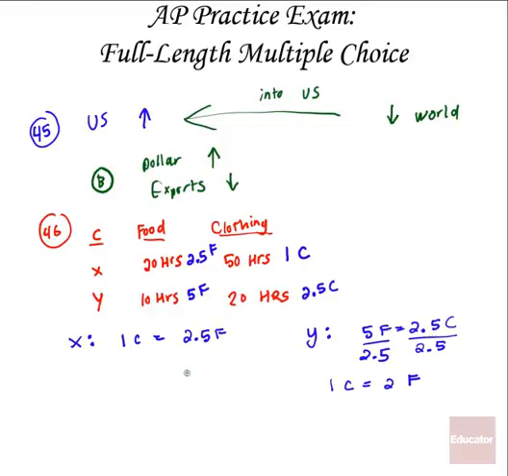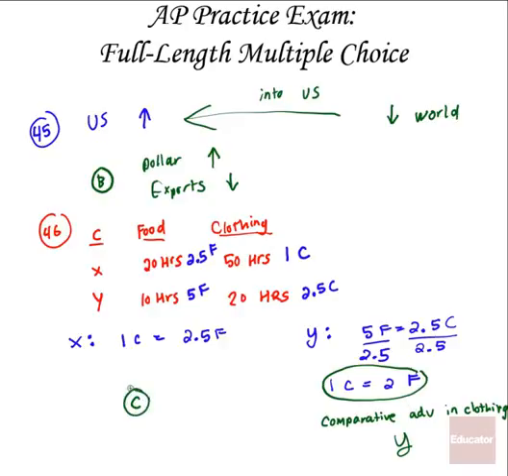Meaning, what's the lower opportunity cost? So one clothing requires 2.5 food in country X. One clothing equals 2 food. I'd rather make the clothing where it costs only 2 here. So comparative advantage in clothing is country Y. Okay, so the answer to number 46 is C.